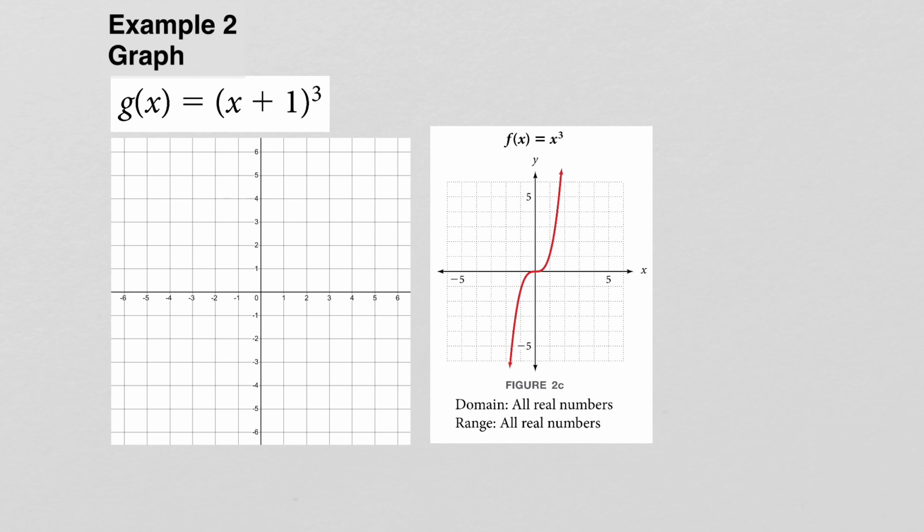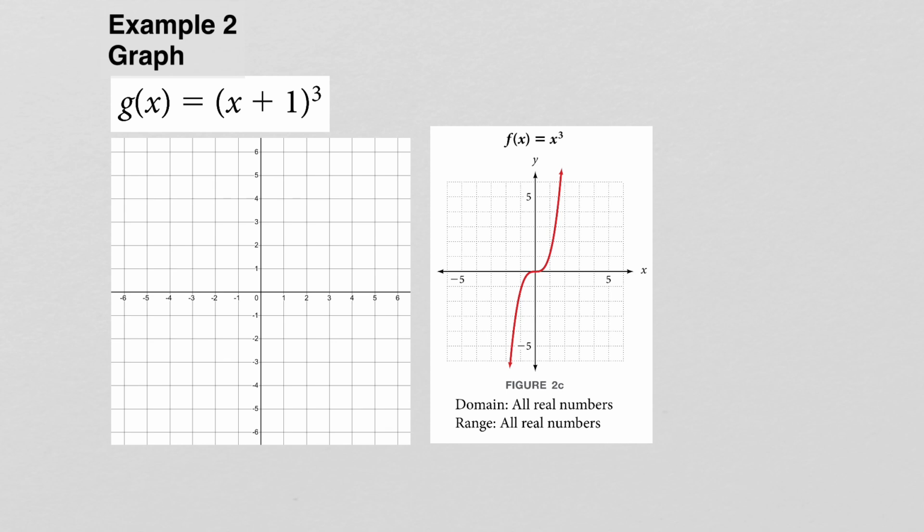So we have to think, what is the plus 1 going to do to this graph? Well, the plus 1 is inside of the parentheses, so it's happening before we do the cubing of the function. And so when it's inside, it's going to move it left or right. And it's the opposite of what you might think. So the plus 1 is going to shift it 1 unit to the left.